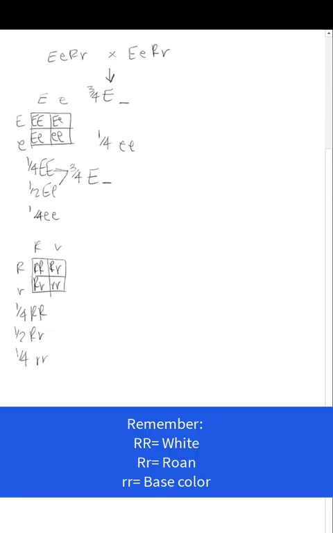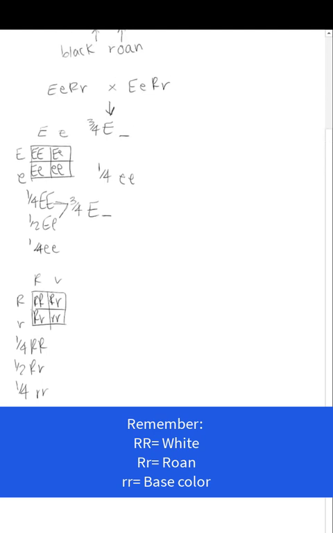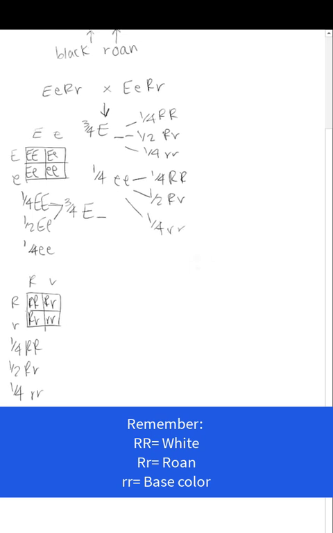So we can't combine any of these, so all of these different alleles will give us a different coloration. So we'll go ahead and start branching off. So we have a quarter that are big R, a half that are heterozygotes, and then a quarter that are little r, and the same thing down here. And then a quarter little r.